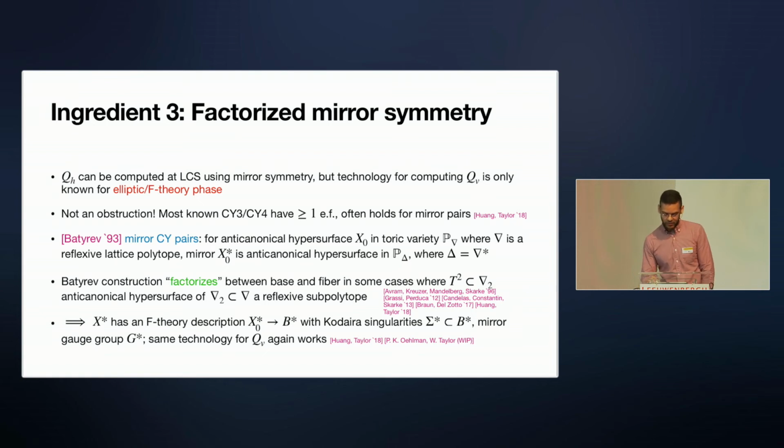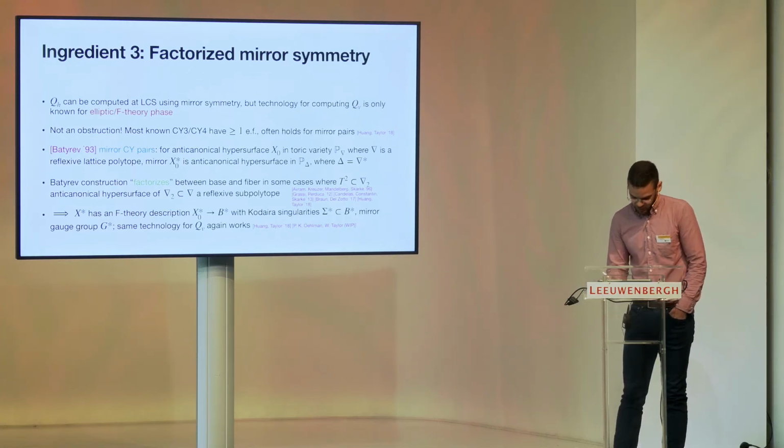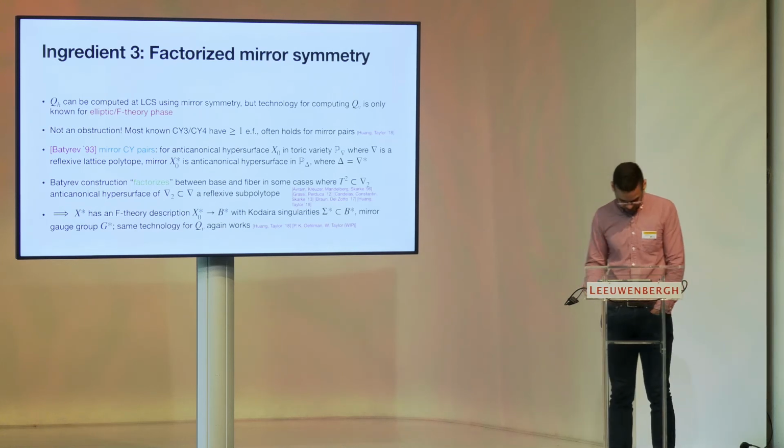So if we want to leverage what I've said just now about the vertical pairing, QV, to be able to compute the horizontal part, there has to be some way to view the mirror elliptic Calabi-Yau in an elliptic or F-theoretic phase. In other words, it has to have the structure of an elliptic fibration such that it can be thought of as a background for F-theory. Yes? Okay. So this is not really an obstruction. It's been demonstrated that most of the known Calabi-Yau threefolds and fourfolds have at least one elliptic fibration structure, sometimes multiple structures.